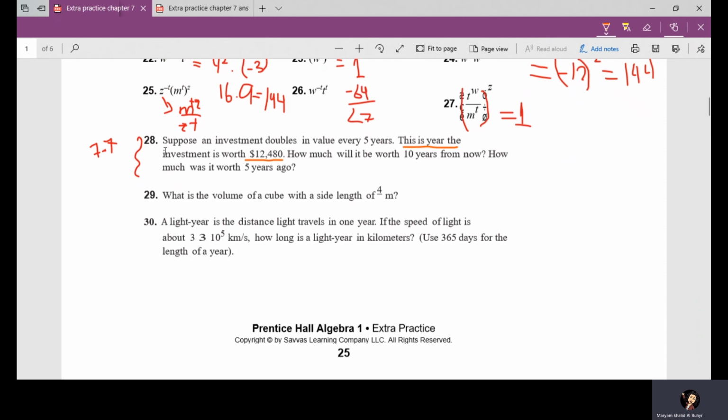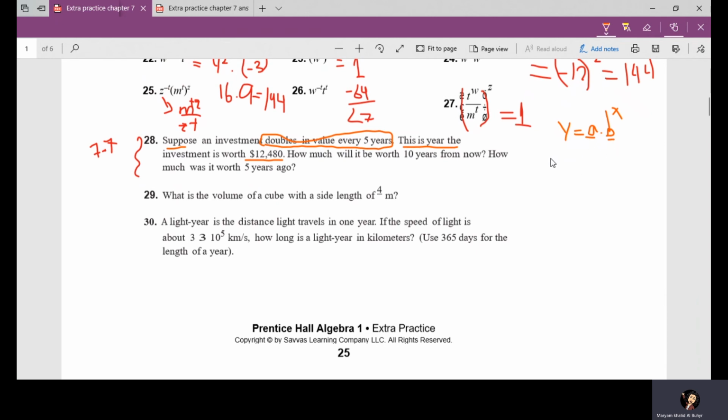So we know that it doubles in value every 5 years. That's important information, and I highlighted it. I know that the exponential function can be written in the form a times b to the power x, such that a is the initial value, and b is the common ratio.